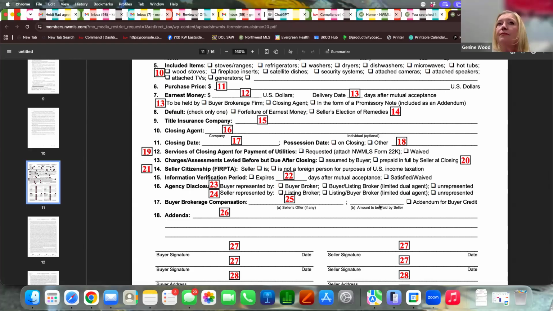Question. Does B have to match the BBSA, the buyer broker service agreement, Form 41? Yes and no. I'm going to tell you the no answer first. No, it does not, because let's say seller says in A 2.5%.